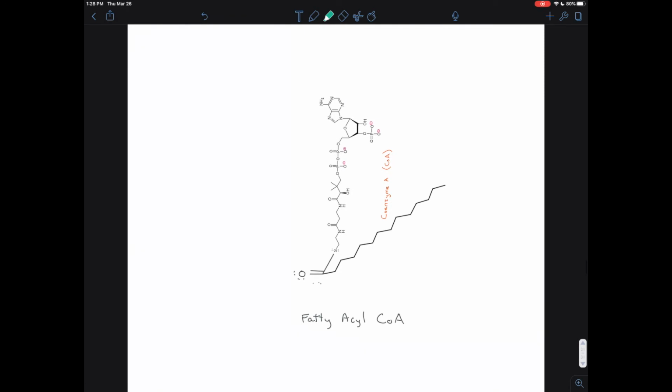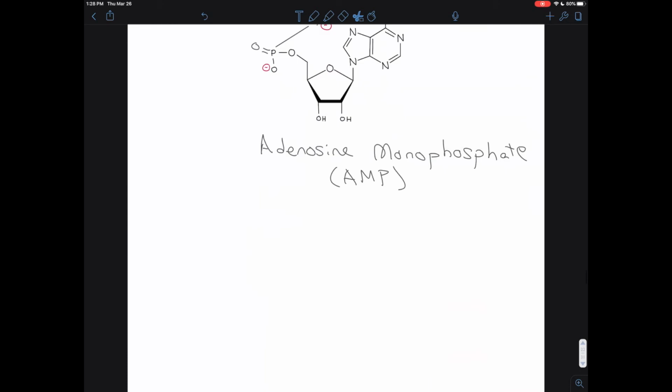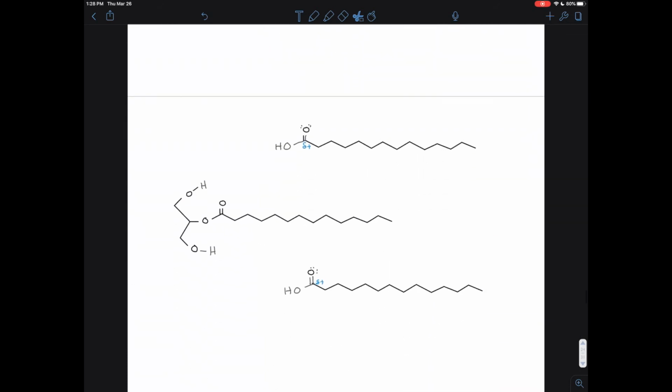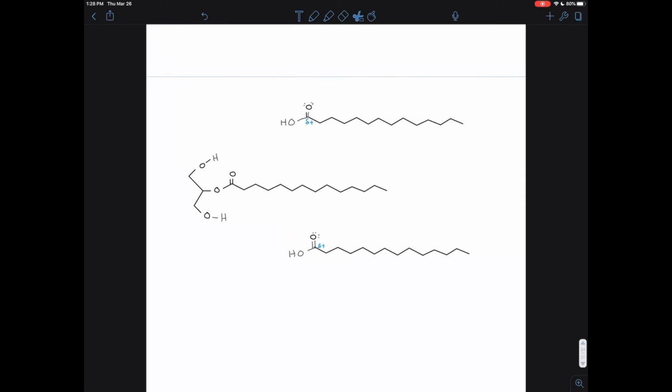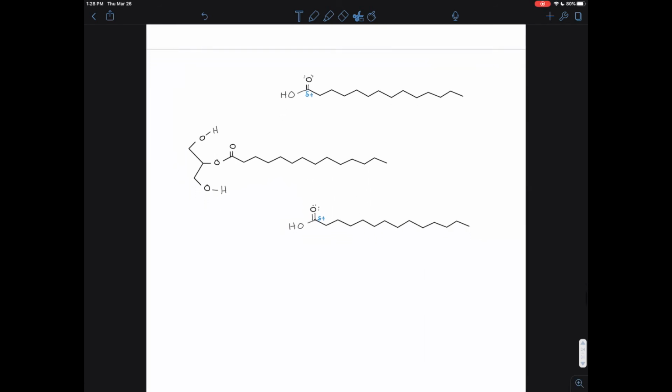So what we've accomplished now, after these 2 steps, is we started with these pieces, right? Our goal is to resynthesize the triglyceride. That's what's happening now that these smaller pieces have been transported from your intestine into the mucosa of your duodenum.